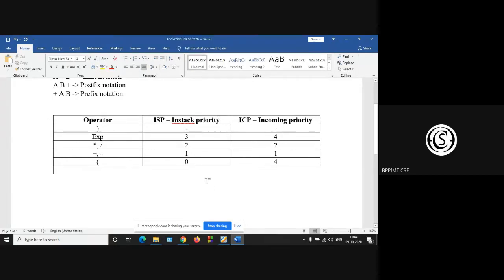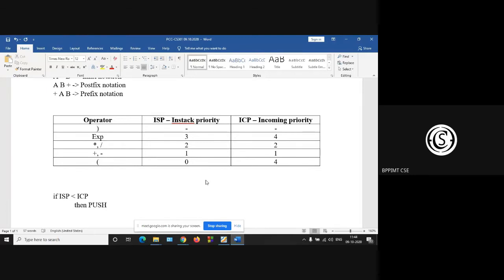So what is the rule? If your in stack priority is less than the incoming priority, then push.